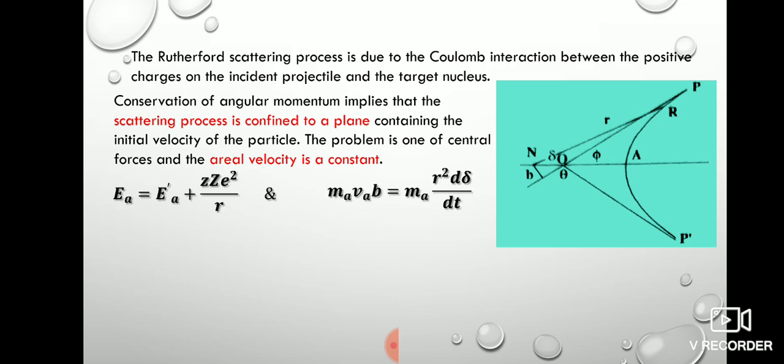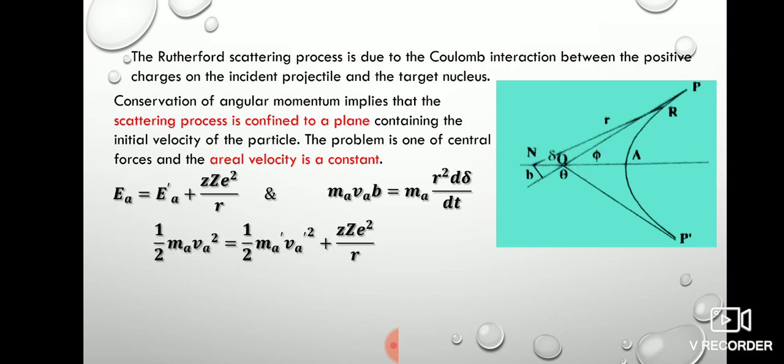So considering these two, I can write two equations. E_A is equal to E_A prime plus Z Z e square by r, and that second term represents the Coulombic interaction term. The other one, M_A V_A into b, that is the angular momentum, is equal to M_A into r square d delta by dt, where delta is the polar angle created by the incoming projectile.